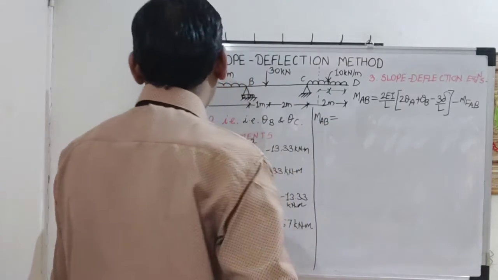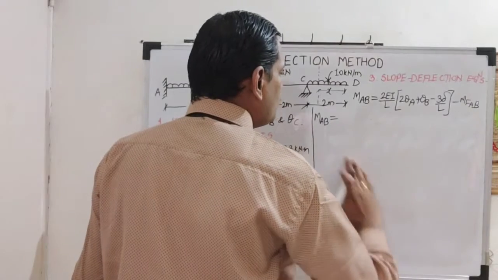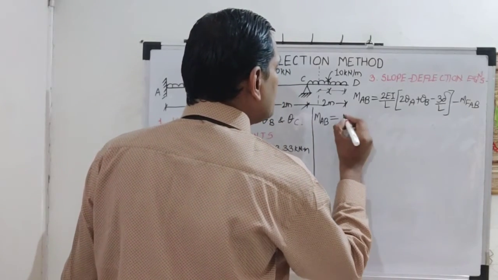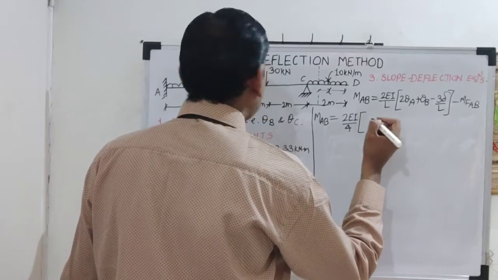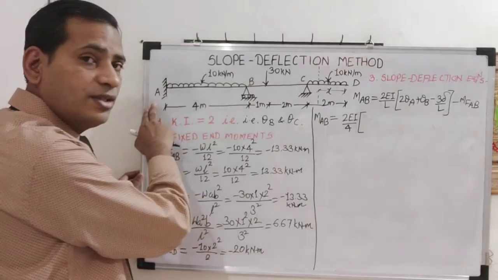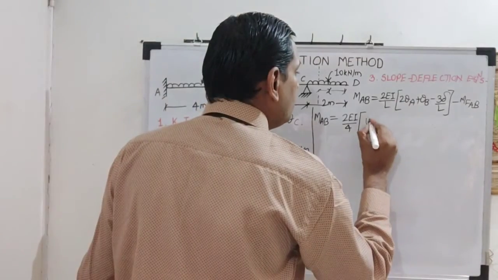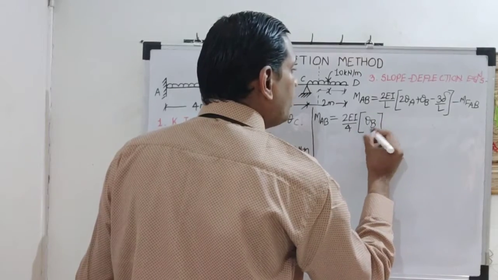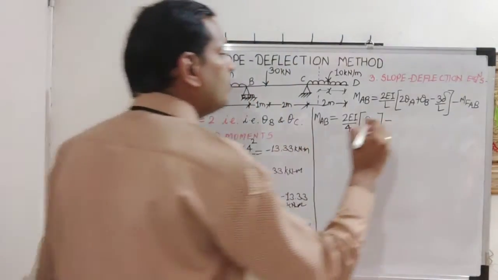For span AB, L is 4 meter, so 2EI by 4 into bracket. Theta A is 0 because end A is fixed. There is no rotation of joint A, so it is 0. Then theta B is unknown, that we have to find. MFAB we have got in step number 2, minus 13.33.